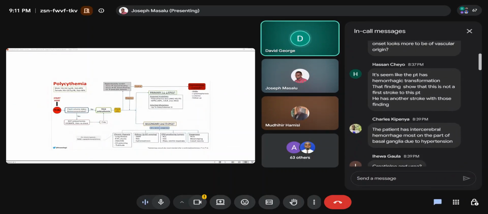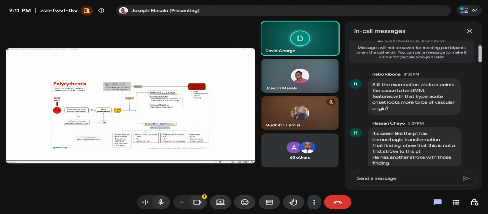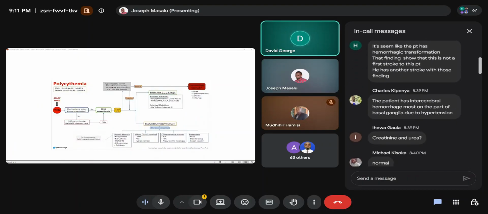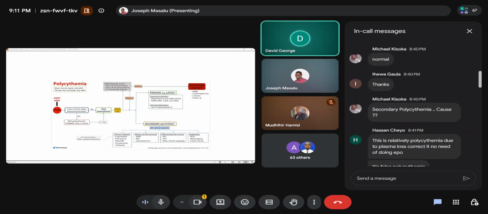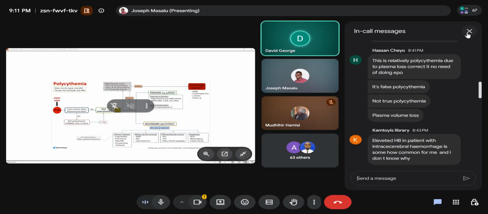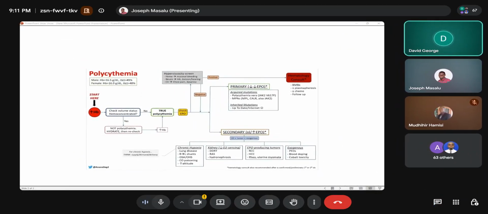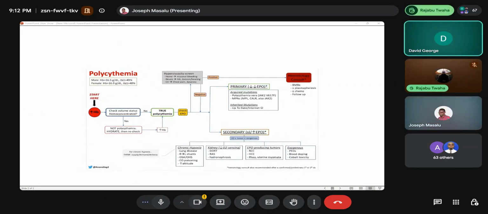Hassan was very active. So Hassan, if you have anything to share, and then anyone else with anything, you can just raise your hand. Maybe we can use a minute or two each before we close the session. Anyone who has anything. Yes, Rajabu, please welcome.